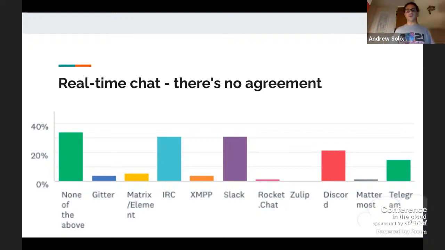There's no majority saying this is our favorite real-time chat. So I'm not going to spend a lot of time on doing real-time chat. If people want to do it, that's great, but don't go out of your way thinking that you can make a big impact on the Perl newcomers.